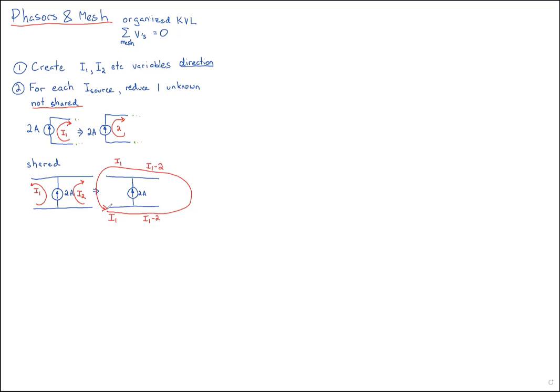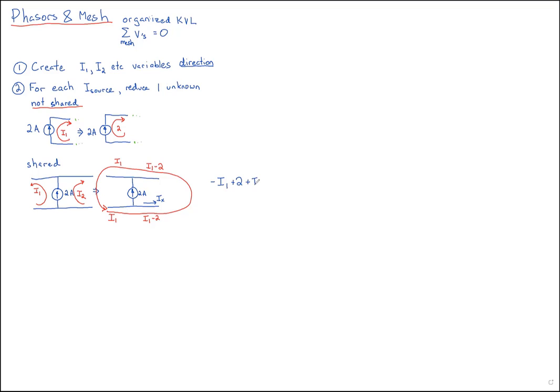Here's another way to figure that out. Sometimes you just look at it and it's not making sense. In that case, just do KCL. If you're not sure what this current is, just call it IX, and sum all the currents exiting the node. The current exiting the node here is minus I1. The current exiting the node here is 2. And the current exiting the node over here is IX.